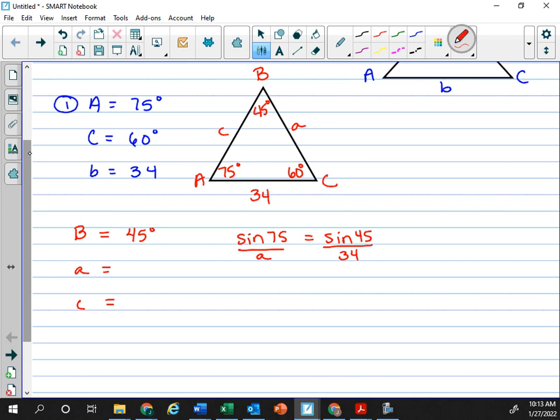Yeah, you can cross multiply, sure. And you're going to get to a point where you don't really need to write this out. But we'll do it on the first one here. So I'm just going to cross multiply. And then how do I get A by itself? Divide.